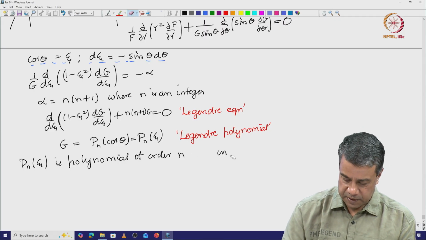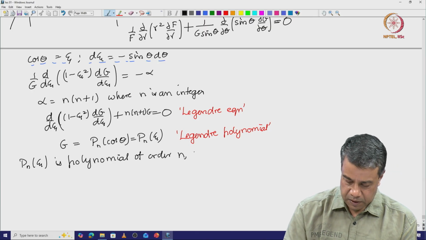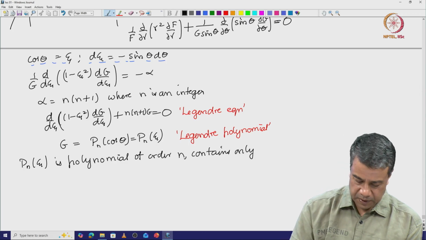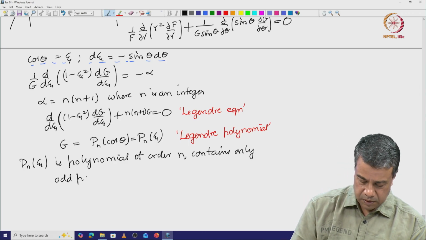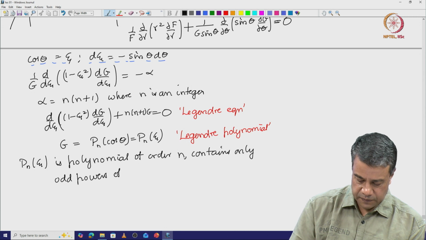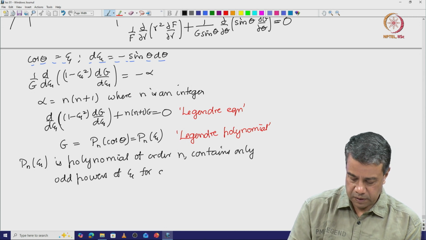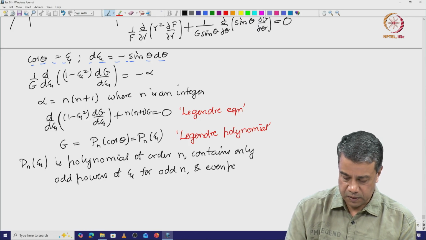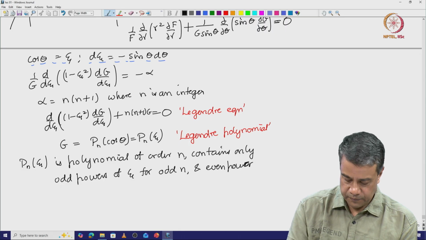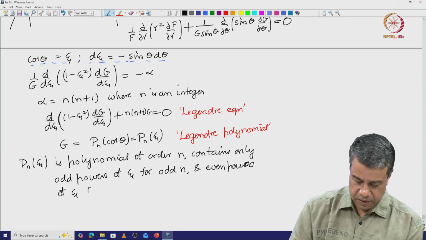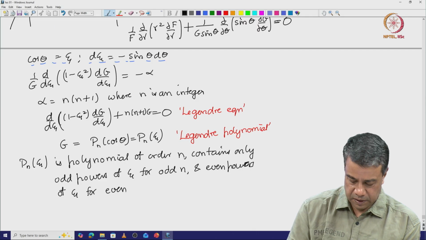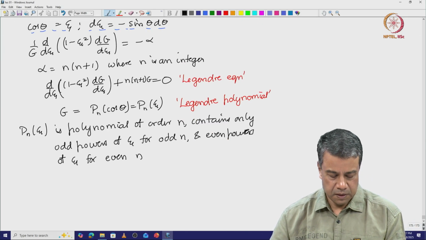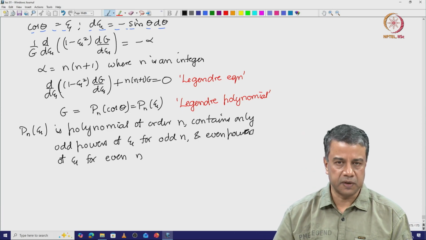Or let me be more specific, it contains only odd powers of psi for odd n and even powers of psi for even n. So, it is a Legendre polynomial, it contains only odd powers of psi for odd n.